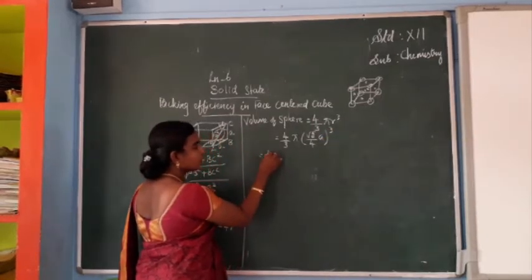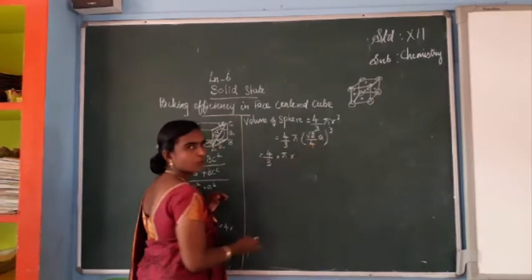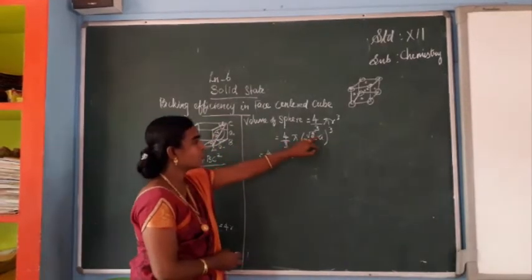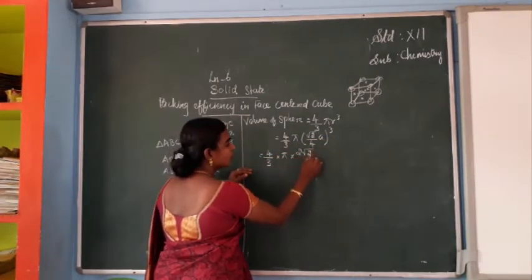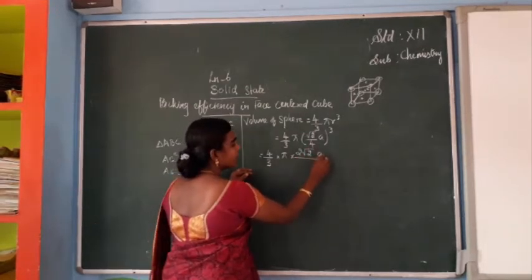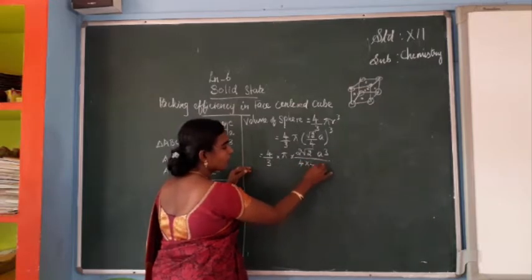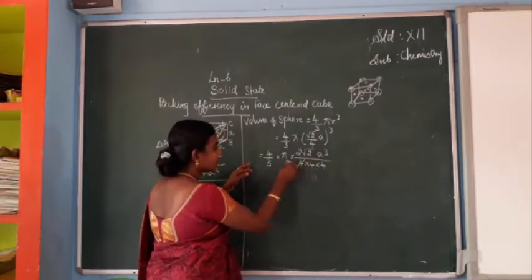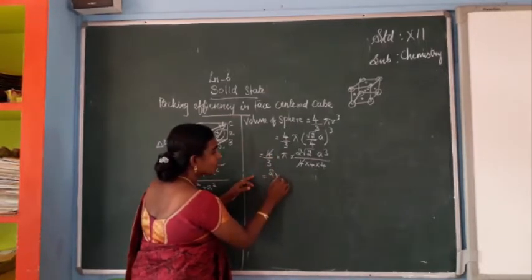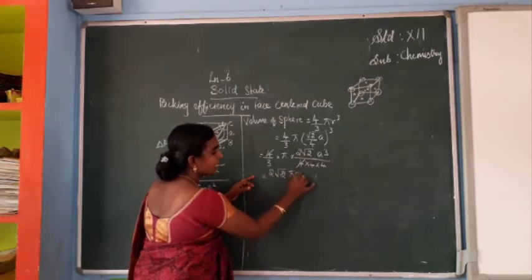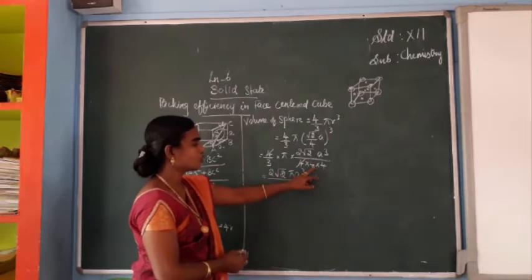So which is equal to 4 by 3 into pi into root 2 cube, that is root 2 into root 2 into root 2, we are getting 2 root 2, a cube divided by 4 cube, which is 4 into 4 into 4. So cancel this 4 and you can get 2 root 2 pi a cube divided by 3 into 4, 12.